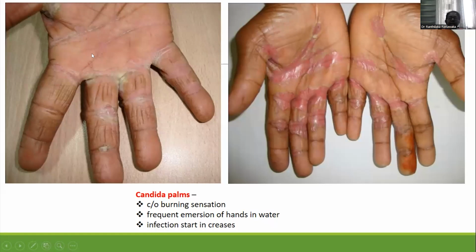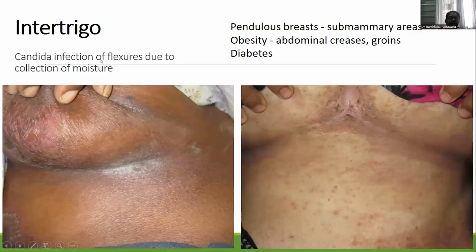So the other one is intertrigo. Intertrigo is candida infection of flexures, again due to collection of moisture, right? Again, you can see this one. These are candida infection on flexures, right? So the predisposing factors are if they have pendulous breast, large breasts.